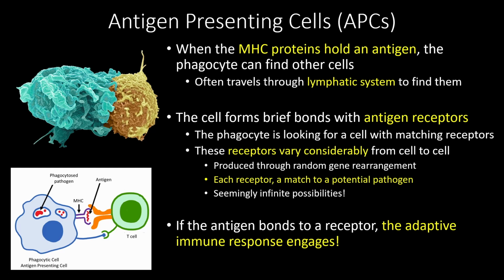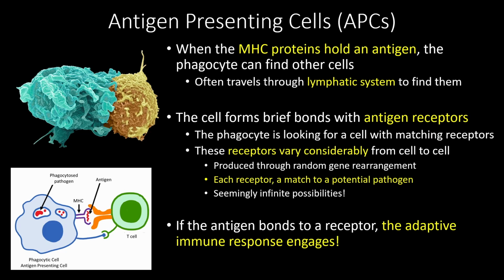Okay, so these phagocytes, when they do this, they look for a cell with the specific receptor that matches their antigen. The really interesting thing here is that these antigen receptors on the cells that have them are insanely variable, insanely diverse.